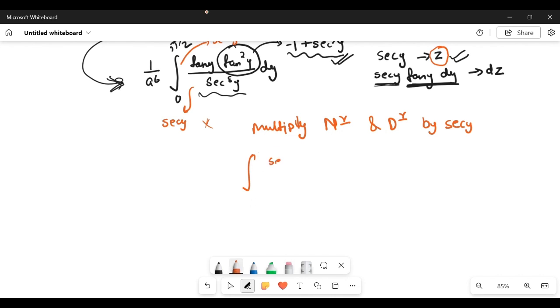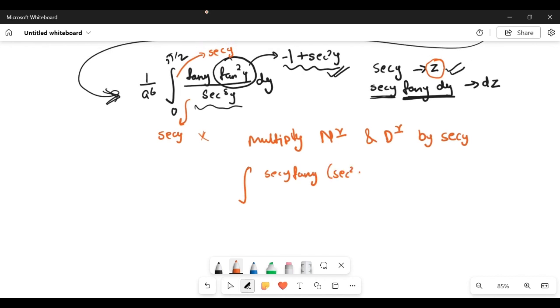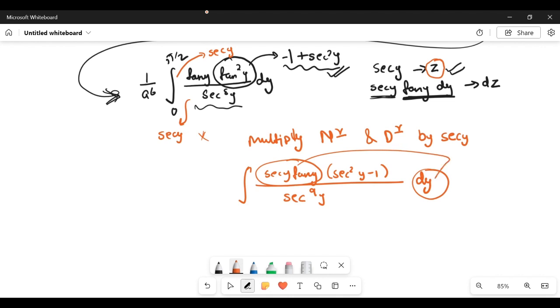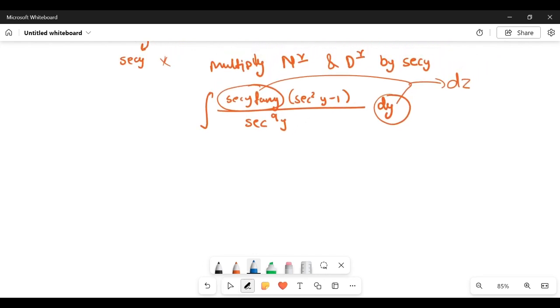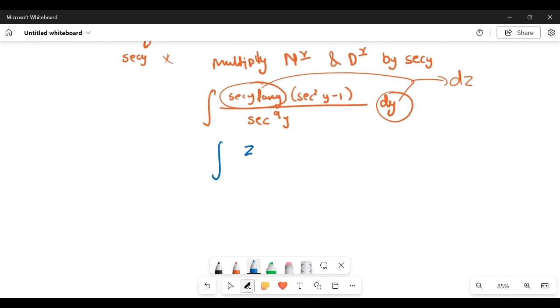So we have sec y tan y, and here it is sec squared y minus 1, here sec to the power 9 y, and dy, which we use to make dz. Since sec y was z, it becomes z squared minus 1 over z to the power 9 dz, that is z to the power minus 7 minus z to the power minus 9 dz.